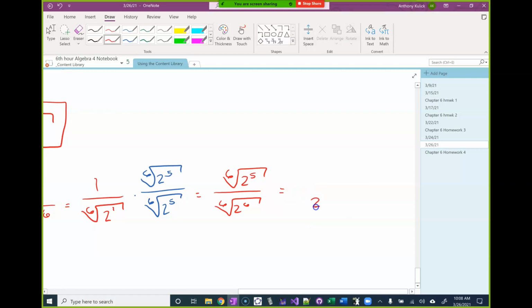Which is just going to be 2 in the denominator, and 2 to the 5th is 32, so the 6th root of 32 over 2.